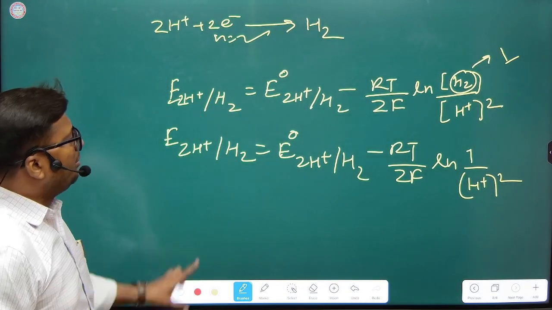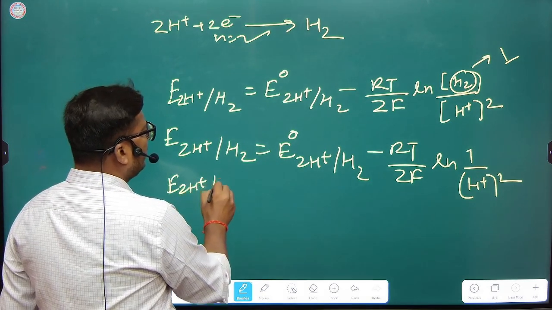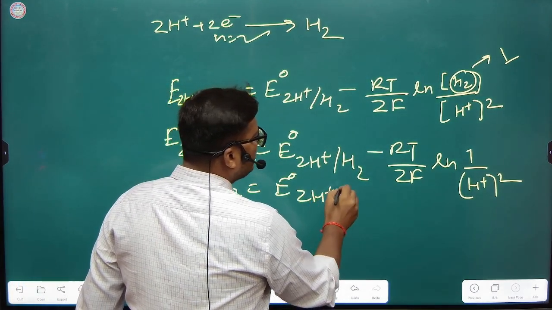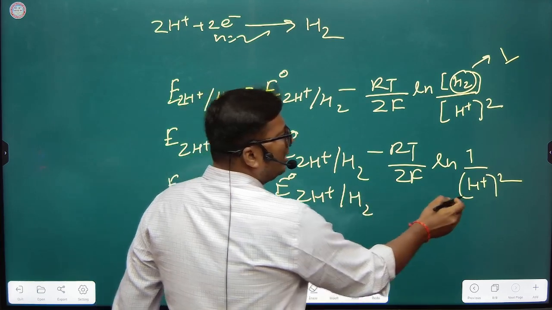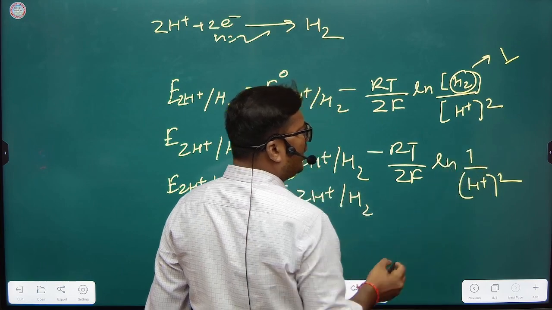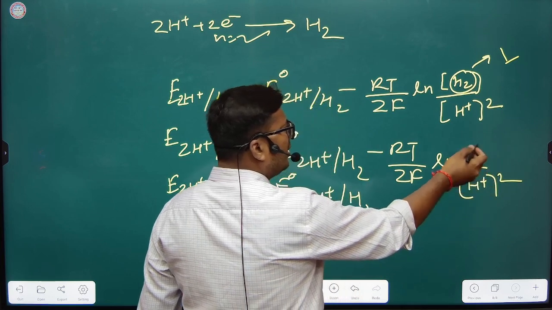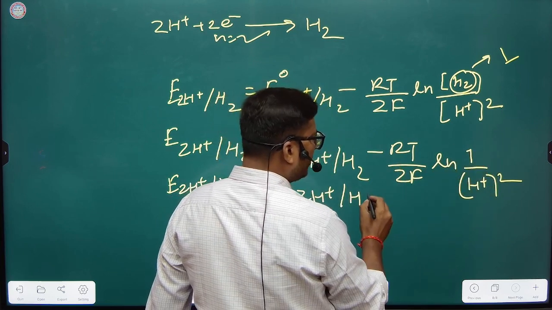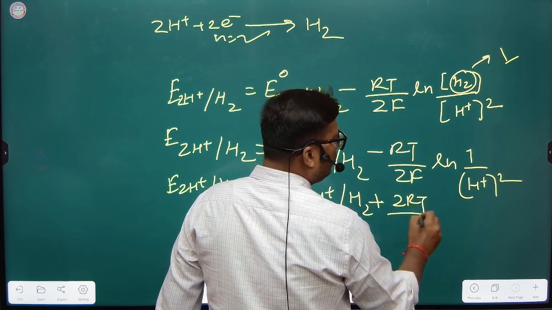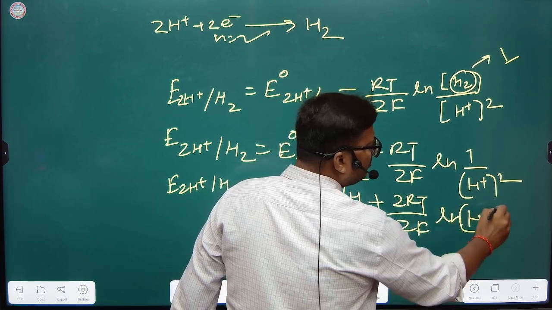So here simple mathematics: if this denominator goes into the numerator, then the power will be minus 2, and it will come out to be plus 2RT upon 2F ln H plus, right?